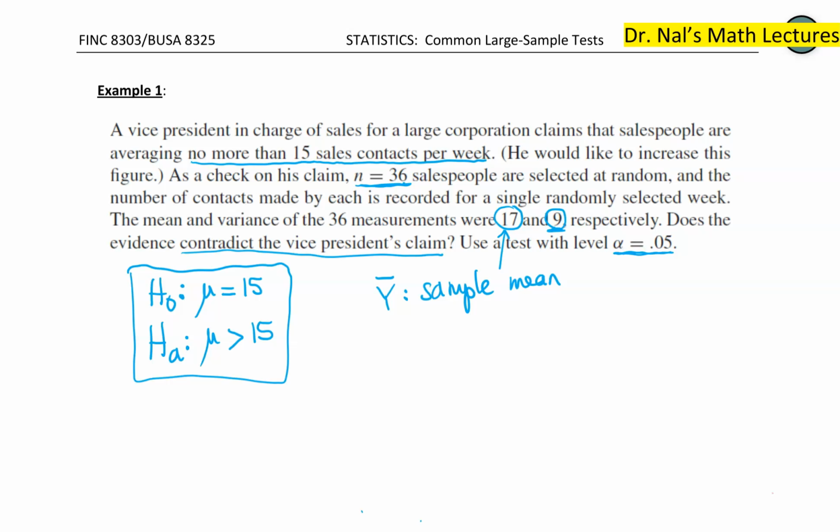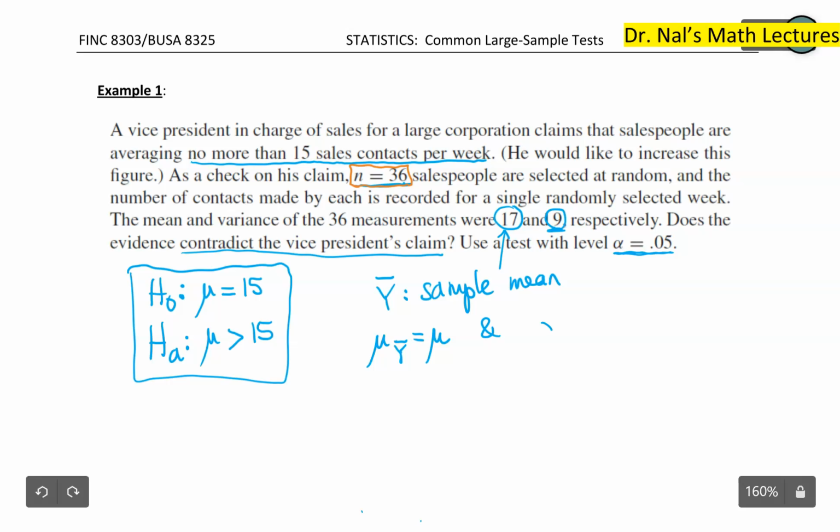To predict the population mean, we sample some observations, in our case 36 of them, and based on that sample we try to predict the population mean and standard deviation, right? So the sample mean is an unbiased predictor of the population mean.